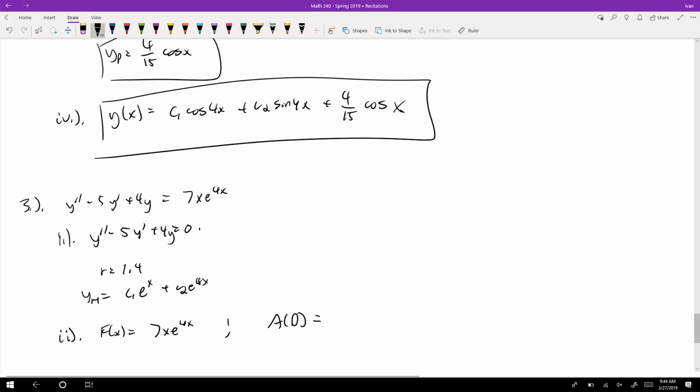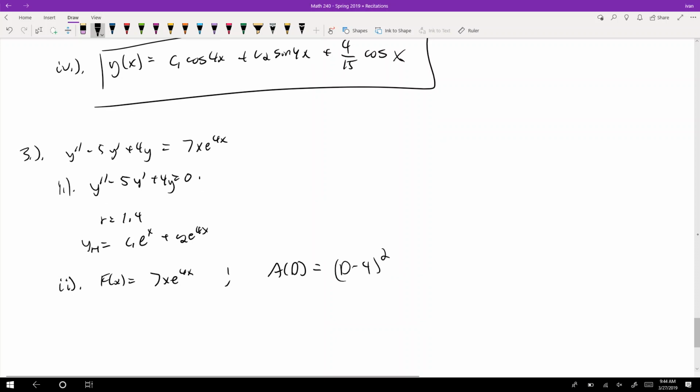D minus 4 squared. Yeah, d minus 4 squared. Okay, so again, go back to your table, and everything fits right in. So the annihilator is d minus 4 squared. If we apply the annihilator to both sides of this equation, this was d squared minus 5d plus 4 applied to y is equal to 7x e to the 4x.